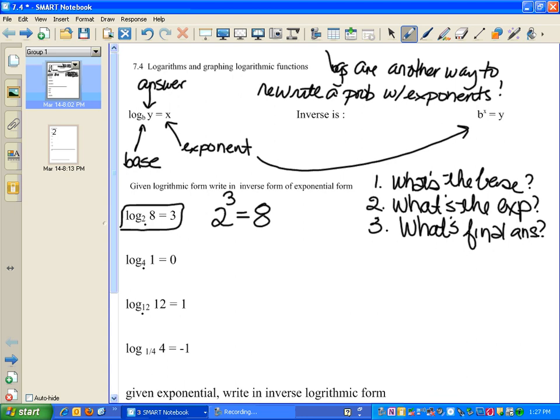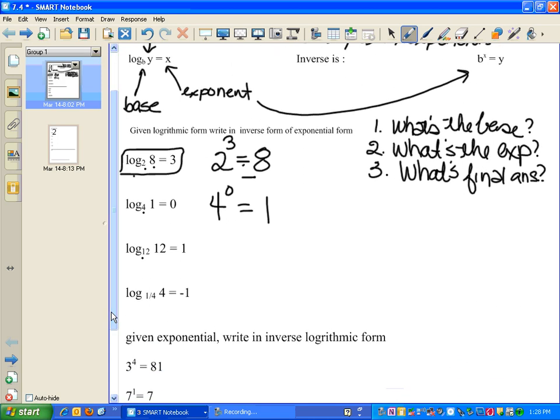Is 2 to the third equal to 8? So you've just rewritten it in the inverse form. Right, these are inverses of each other, exponent form or log form. So if I give it to you in exponent form, the inverse is log form, and vice versa. Okay? All right, so look at the next one. What's the base? What's the exponent? What's my answer? Is anything to the 0 power 1? Okay? Here we go. What's the base?